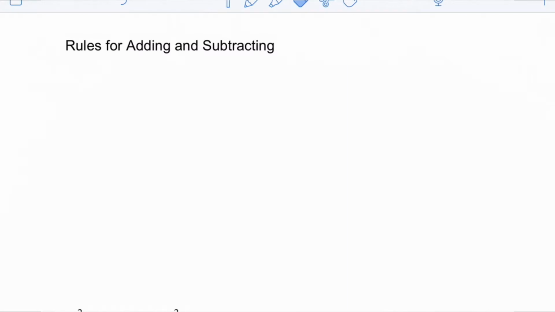So first things first, rules for adding and subtracting variables. Variables are basically, we know the most common one to be x. And x represents something that is unknown. We don't know what the number is yet, so we're just using x as a placeholder. Now x can behave in a couple different ways.